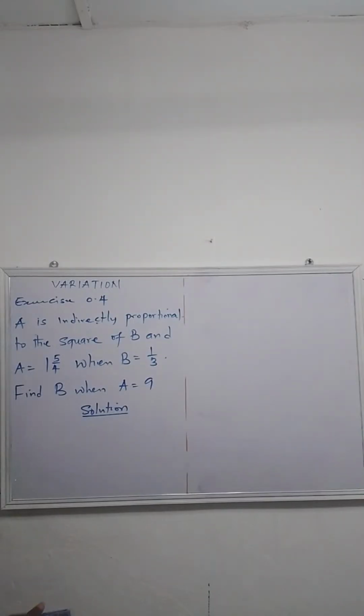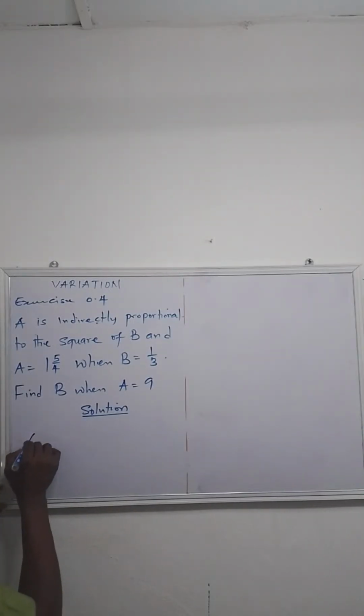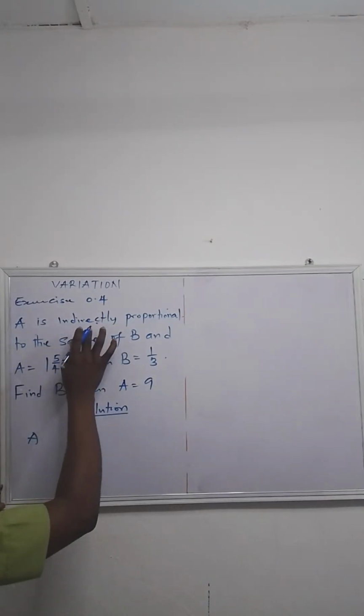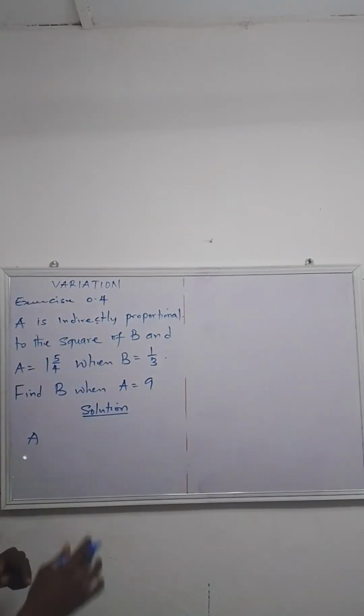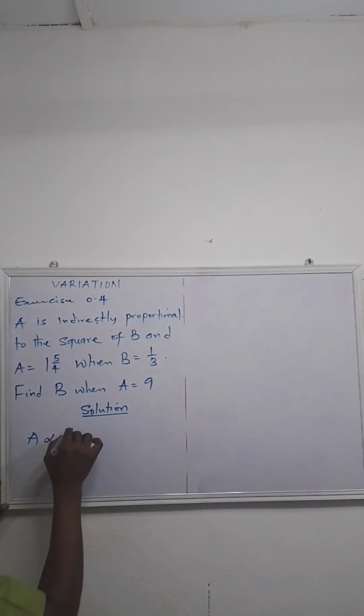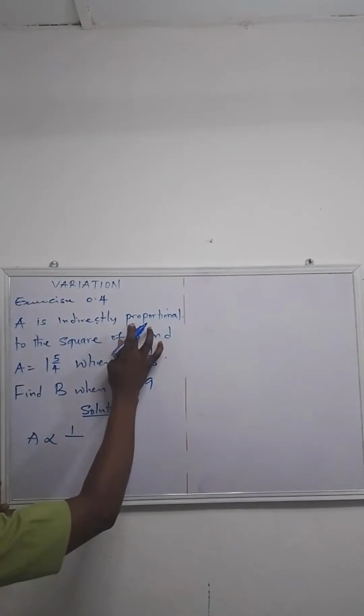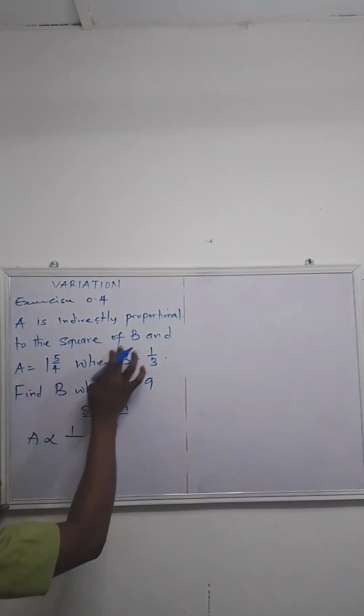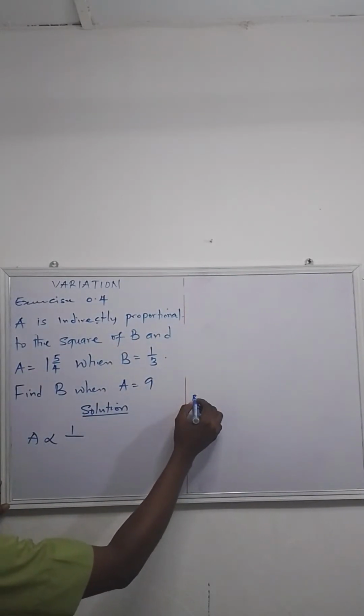All right, let's start. Now we have A is indirectly, and indirectly means inversely, proportional to the square of B. The square of B is B squared.